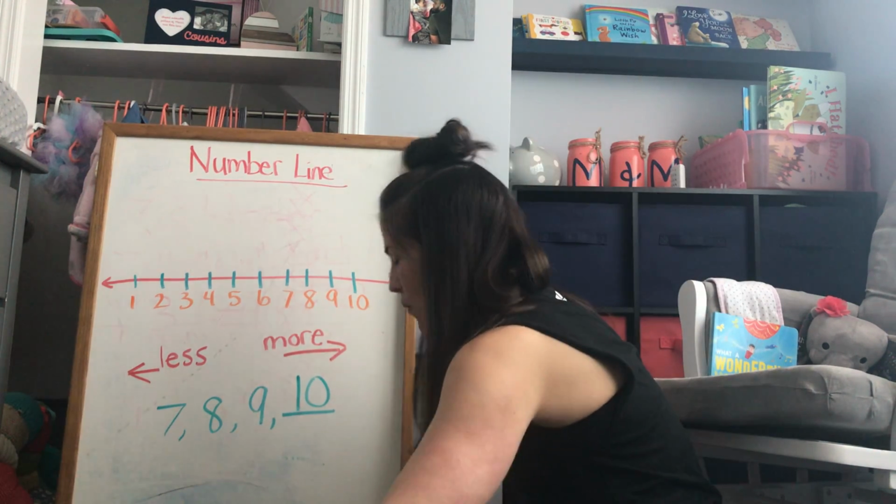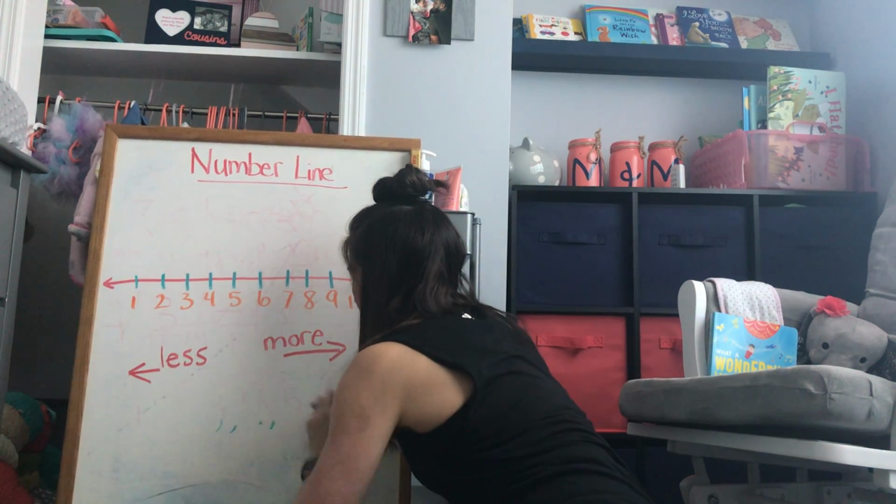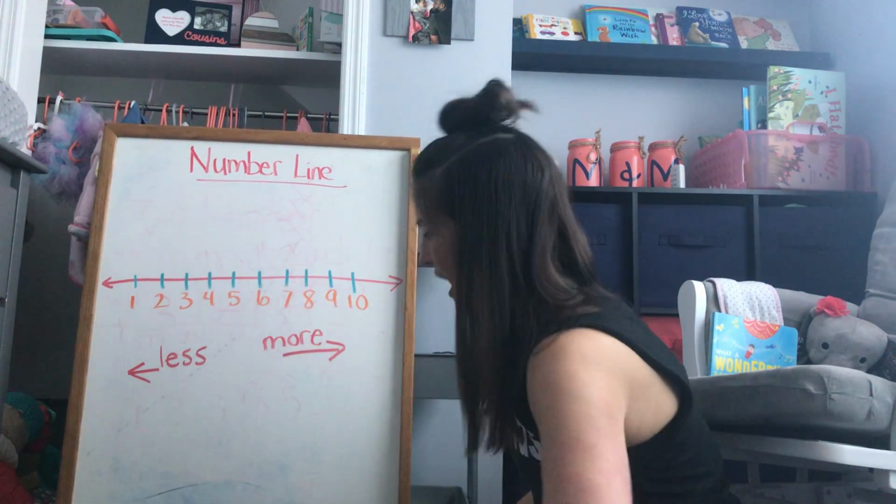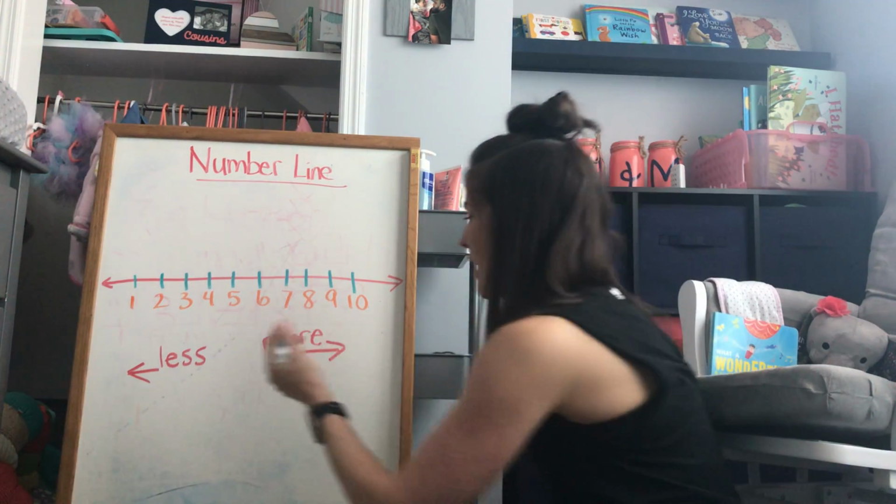Excellent job. All right, we're going to try one more. This one's going to be very tricky. And then I'm going to show you one strategy for adding and subtracting. We'll work on another day, probably tomorrow. Okay, here we go.